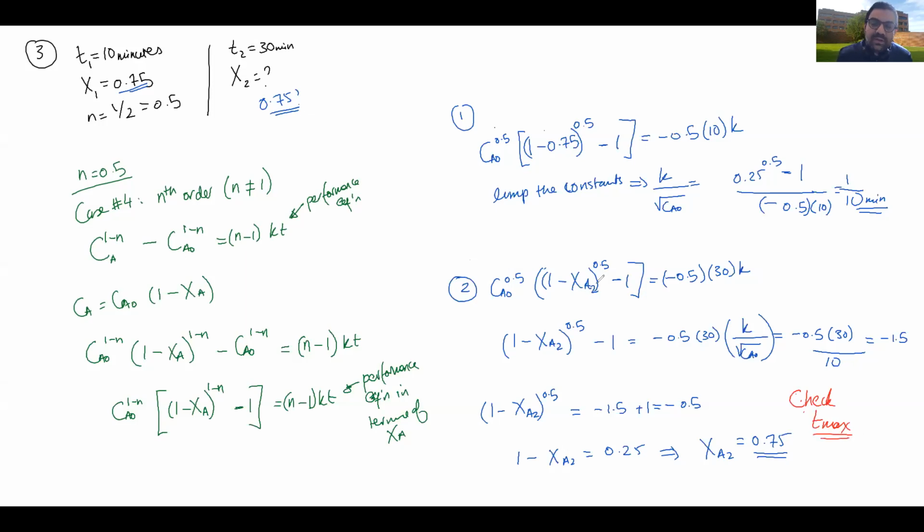And what is Tmax? Tmax is basically the maximum time possible for this reaction to happen. Tmax is basically the time when your conversion is complete. So let me save this.